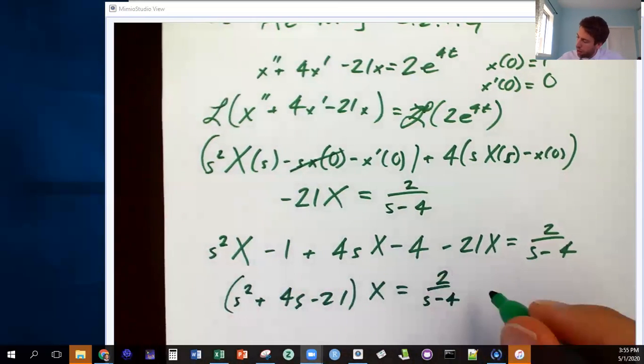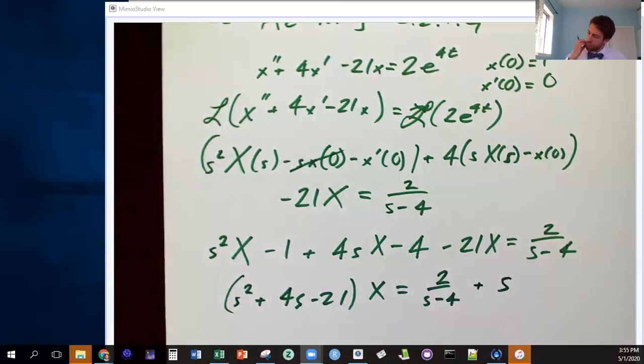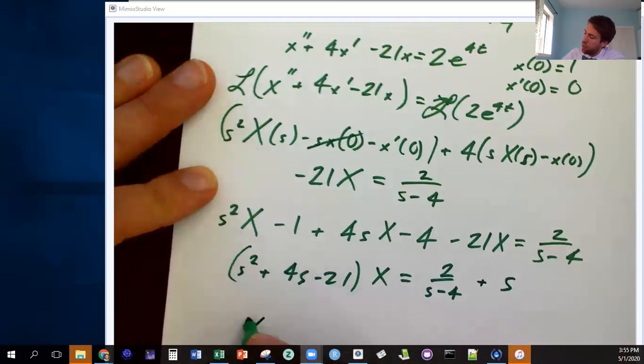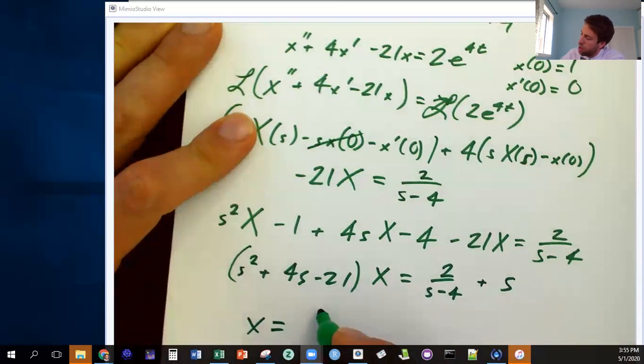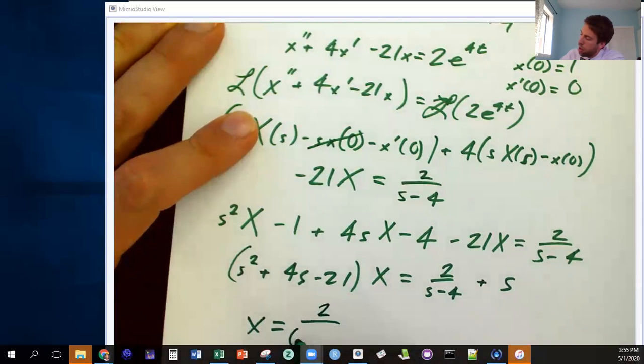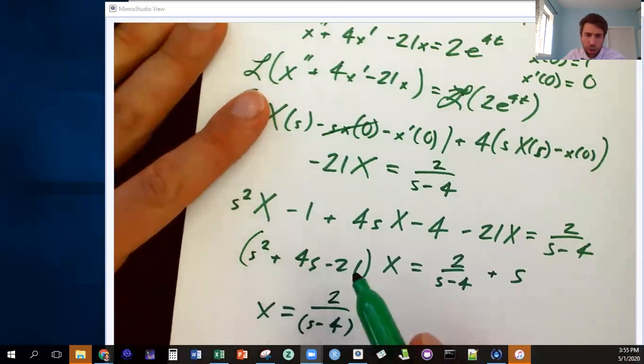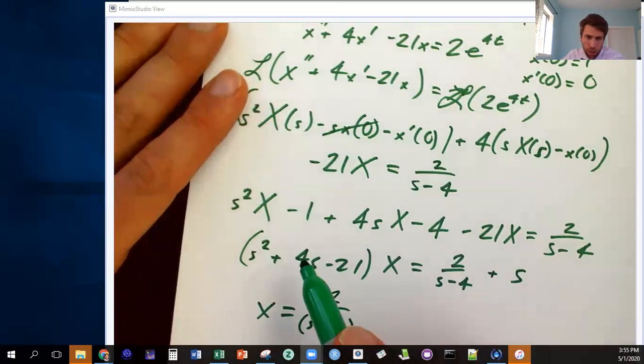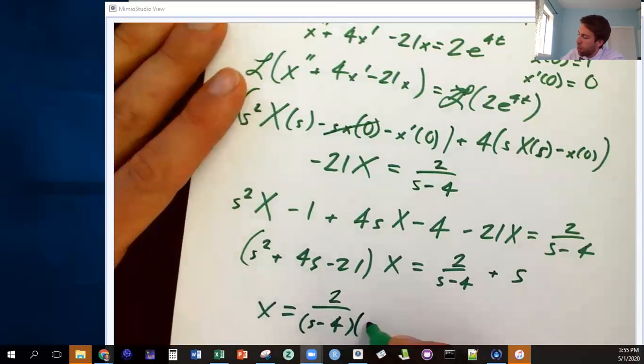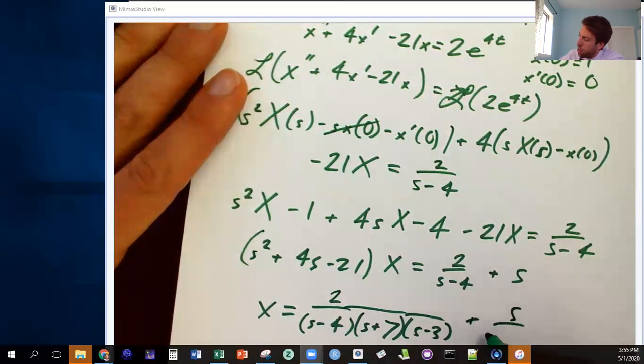That's minus 5, so add it over as plus 5. Okay, so then X equals 2 over s minus 4 plus 5 over... and if you don't mind, I'm just going to factor this right from the get-go. That's a plus 7, minus 3: s plus 7, s minus 3, plus 5 times s plus 7, s minus 3.